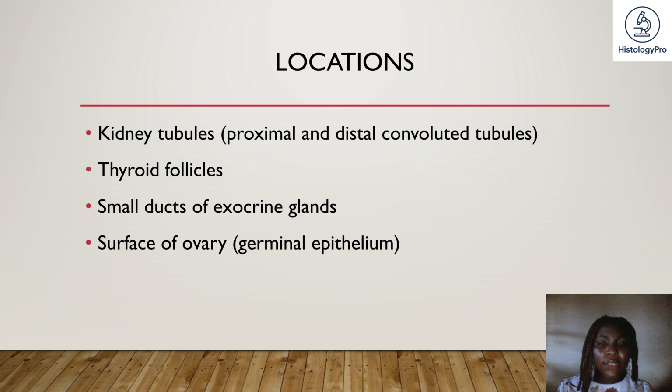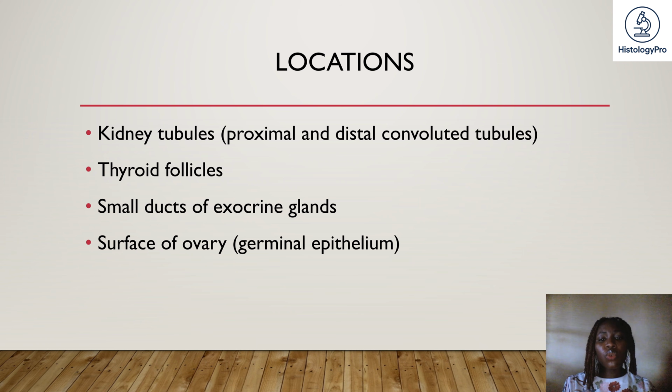Let's see where the simple cuboidal epithelium is found. Simple cuboidal epithelium is commonly found lining the kidney tubules, especially the proximal and distal convoluted tubules, where it plays a key role in absorption and secretion. It is also present in thyroid follicles, forming the follicular epithelium, which is responsible for thyroid hormone secretion and storage.